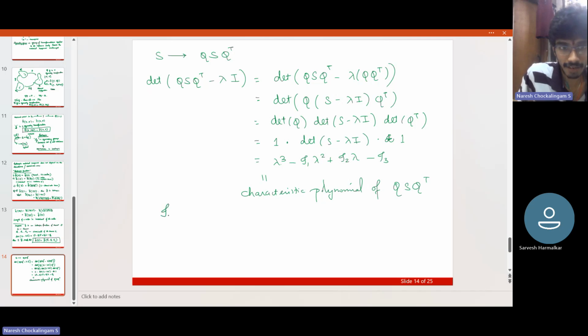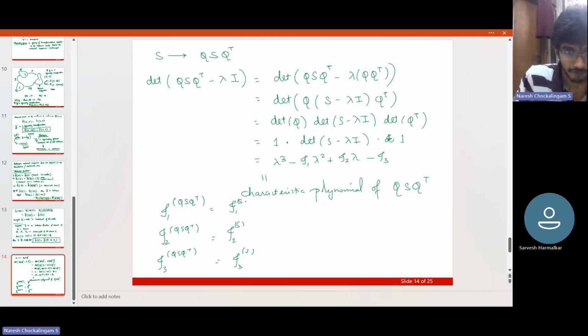Therefore, it has the same coefficients as S. The first invariant of Q S Q transpose is the same as the first invariant of S, the second is the same as the second of S, and the third is the same as the third of S.